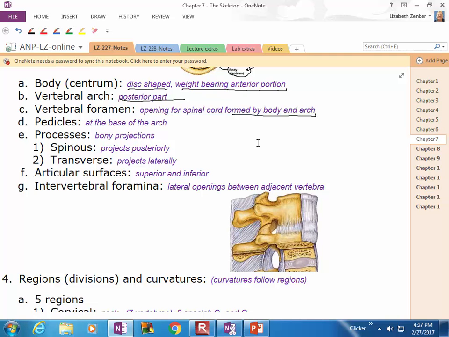So this is the intervertebral foramen right here, and here's another one there. They've removed part of the bone so you can't see it, and here's the bottom of another one there. So that area there is the intervertebral foramina. Foramina is like foramen, just foramina is kind of like mini-me, so a smaller foramen. This allows the passage of spinal nerves.